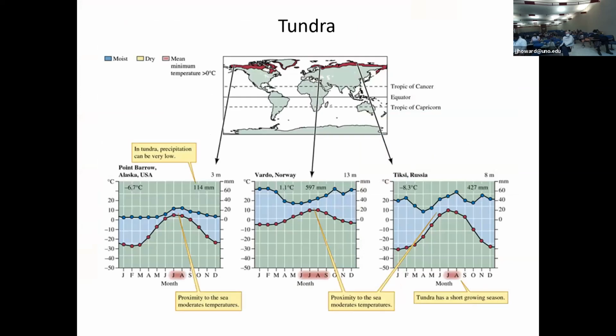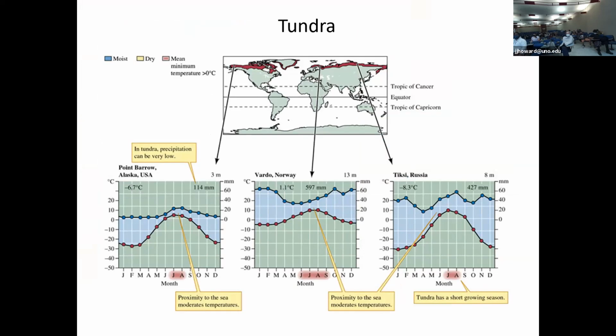So here are a couple of examples of tundra climates. And you see that although you may be close to the ocean here in the center diagram, so you don't have really cold minimum temperatures, you have a very short growing season, again, just like the boreal forest. And it's drier. The total precipitation is less for these tundra habitats.